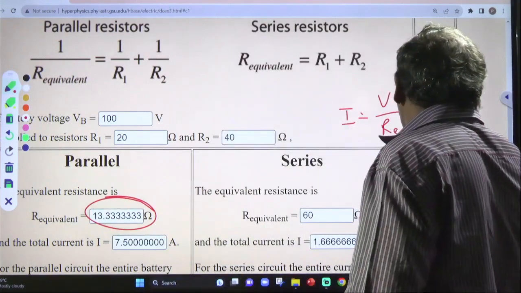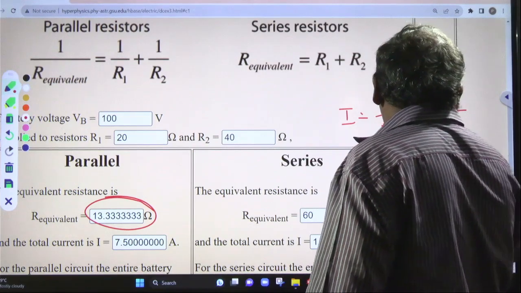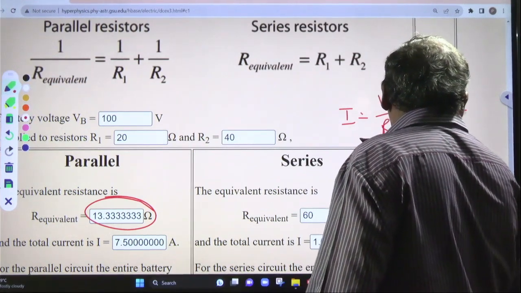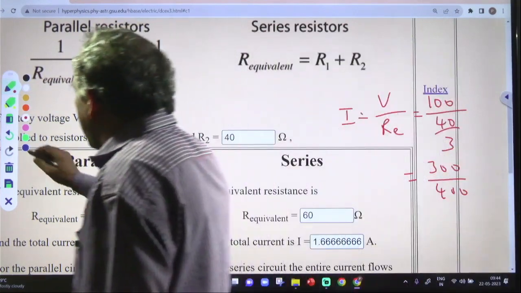So R equivalent is 40 by 3, and the current is 300 upon 40.